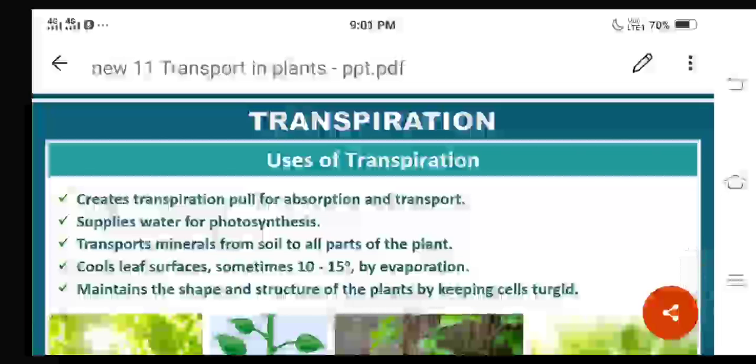Then one more use is that it cools leaf surfaces, sometimes by 10 to 15 degrees, by evaporation. The last point: it maintains the shape and structure of the plants by keeping cells turgid, right? These are all the uses of transpiration.